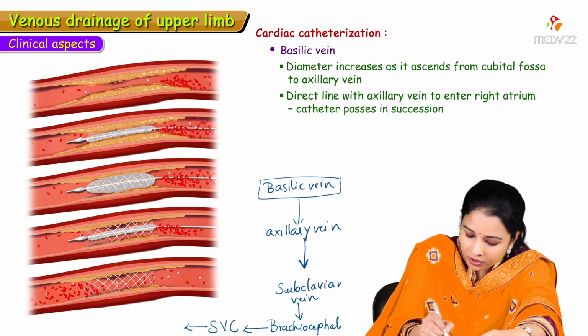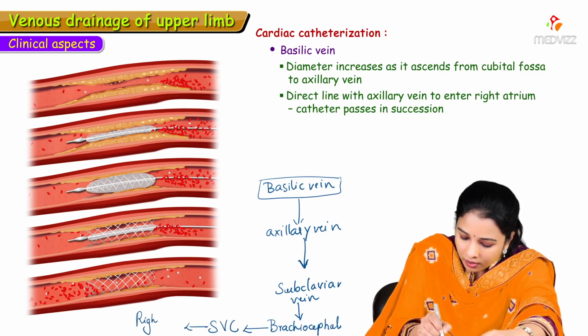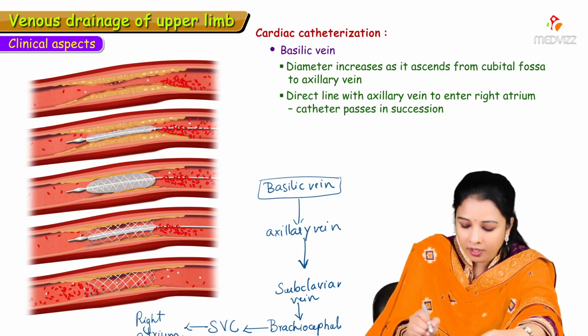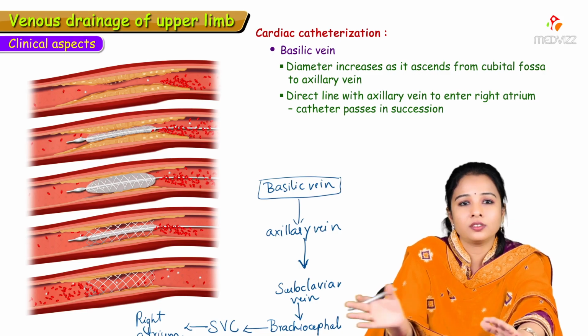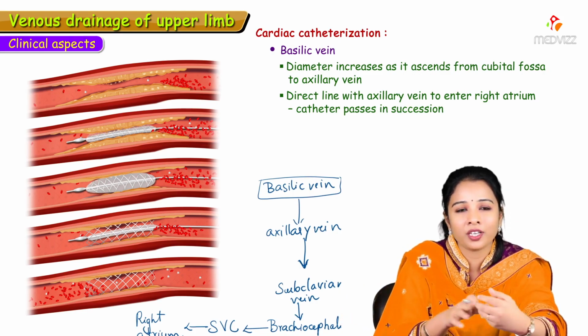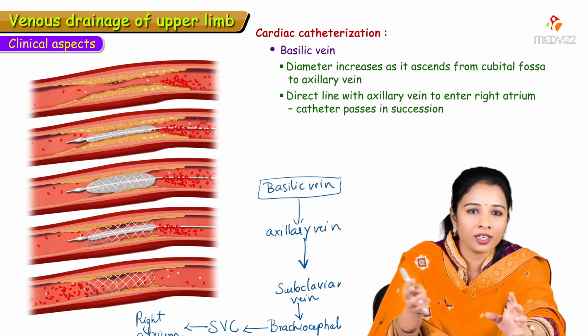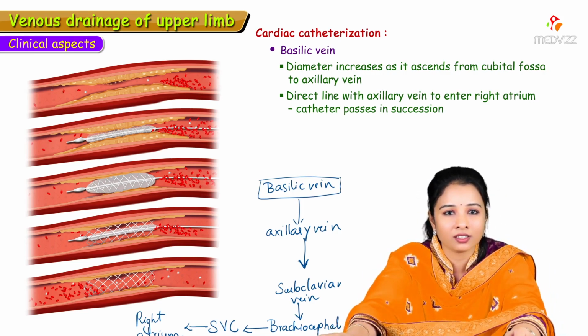The superior vena cava drains into the right atrium of the heart. So this is the procedure where you put a catheter. That is the pathway for the catheter from the basilic vein into the right atrium for cardiac catheterization.